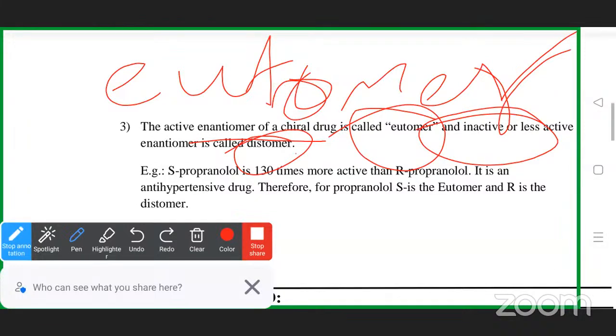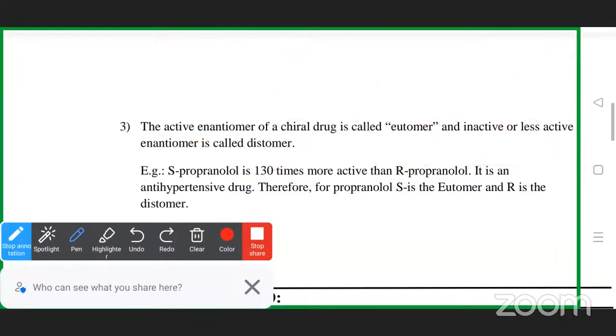So, for example, we can explain the eutomer and distomer by taking S-propranolol. S-propranolol is an antihypertensive drug. It is 130 times more active than R-propranolol. The only difference is in the location of the groups.